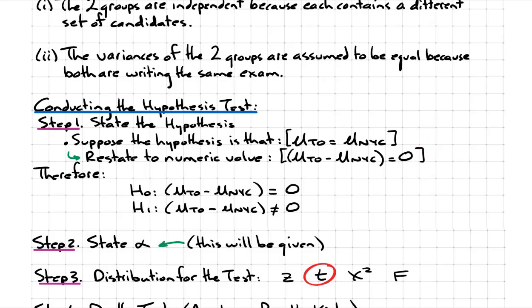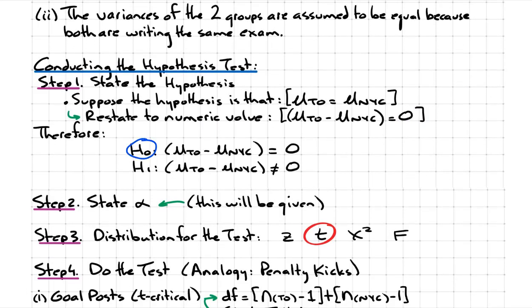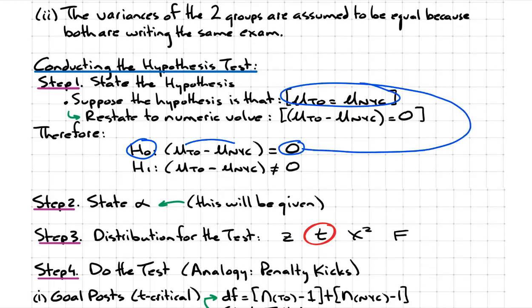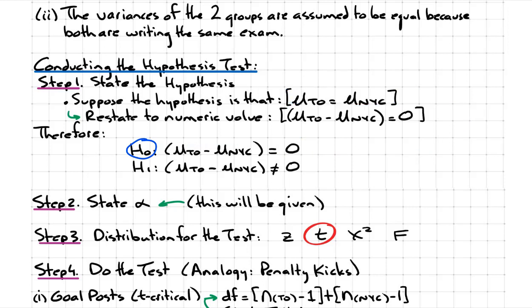And there it is. So the null would be that the difference between the two is equal to 0, which in turn implies that the average at both locations is the same. And as always, if you reject the null, then you just go with the alternative, which would be the complement. So if you reject that they're equal, then it must be true that they are not equal, and that makes sense.